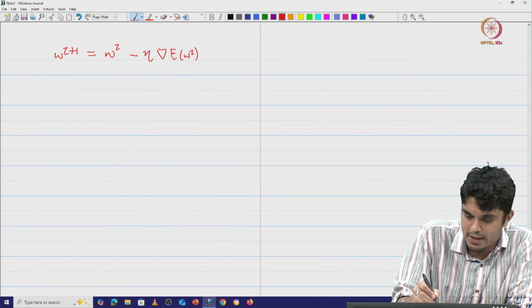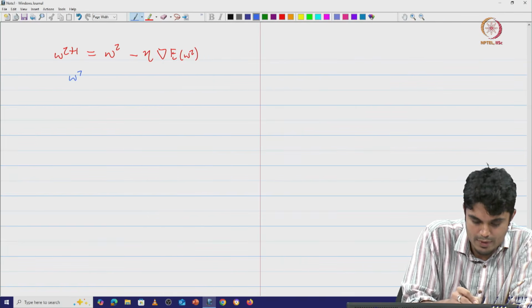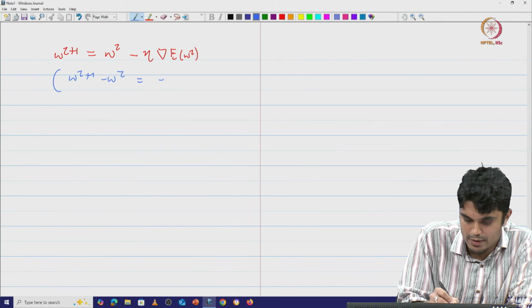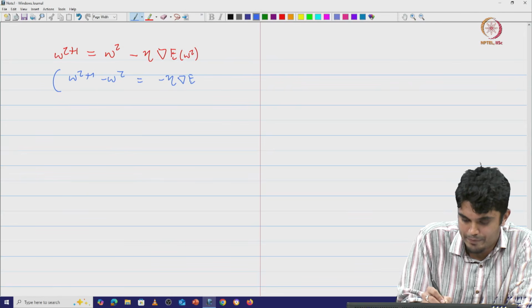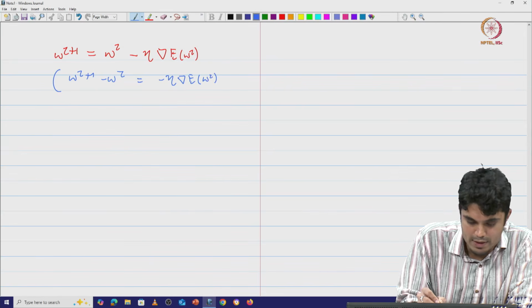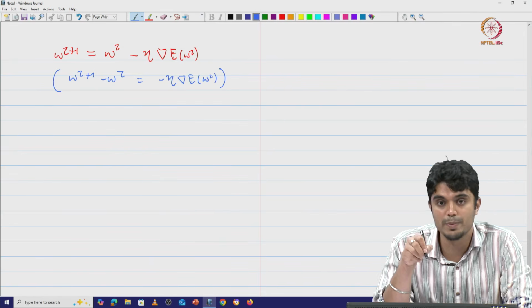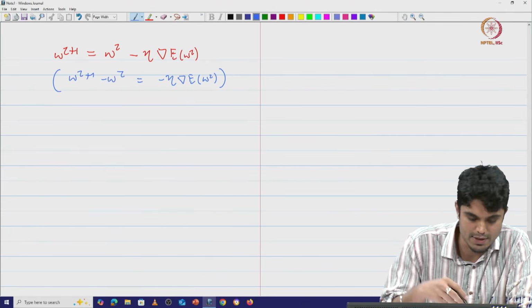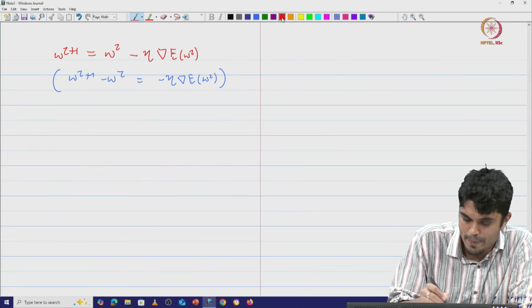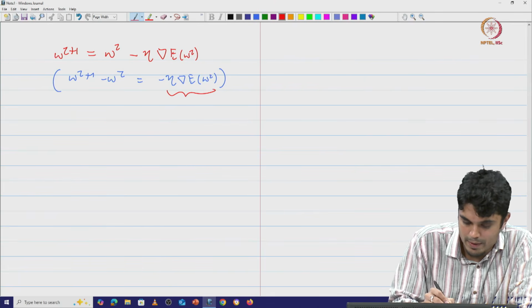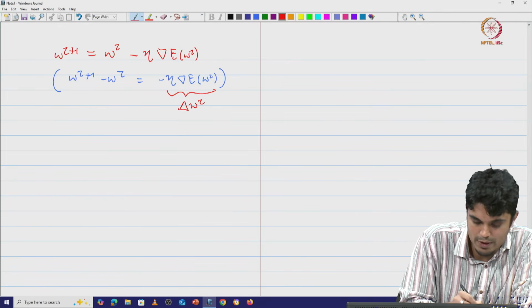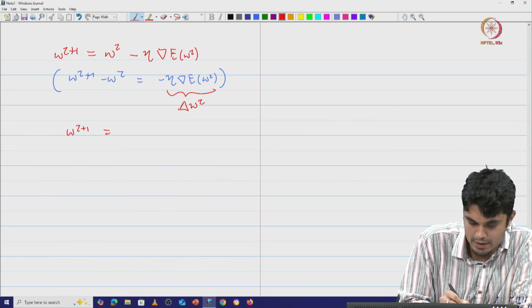So, I can write this in another way. This was the step size, or the difference between omega tau plus 1 and omega tau. If you denote this by delta omega tau, this is what the abstraction looks like.